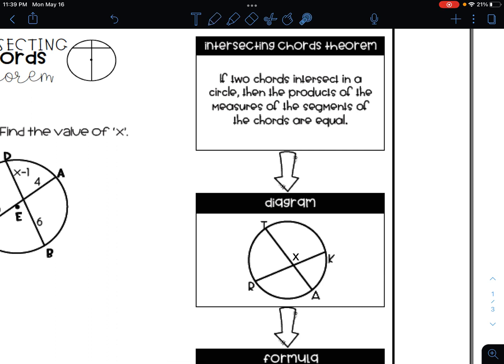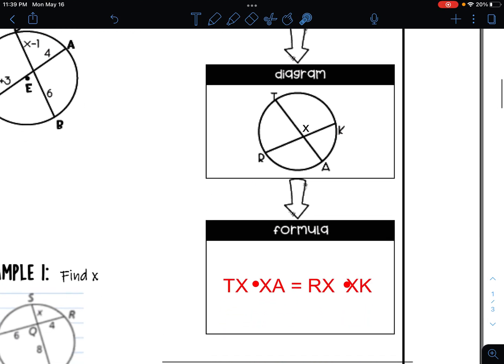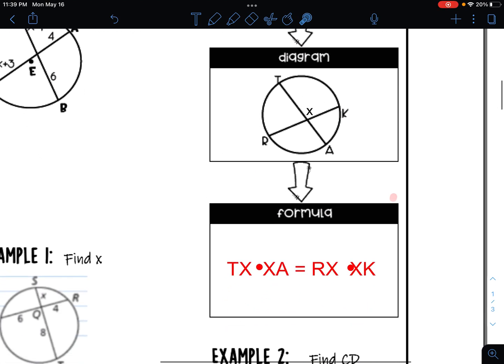So what does it say? The products, meaning multiplication, of the measures of the segments of the chords are equal. So taking the diagram that we had here, the distance from TX and XA, the 2 parts of one chord multiplied together, the products, is equal to the other 2 parts multiplied together.